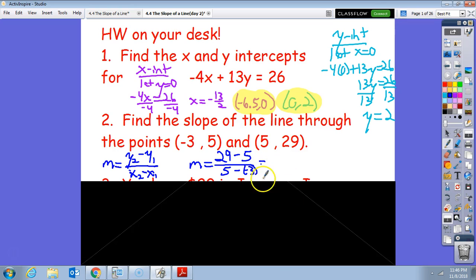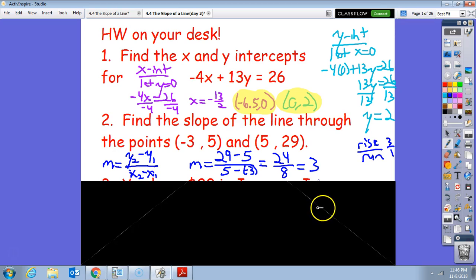What is 29 minus 5? 24. What's 5 minus negative 3? 5 plus 3, which is 8. What's 24 divided by 8? 3. Now if we talk about rise over run, that's really 3 over 1, but you can write it as just 3. Just remember, anytime you have a whole number, it's over 1.